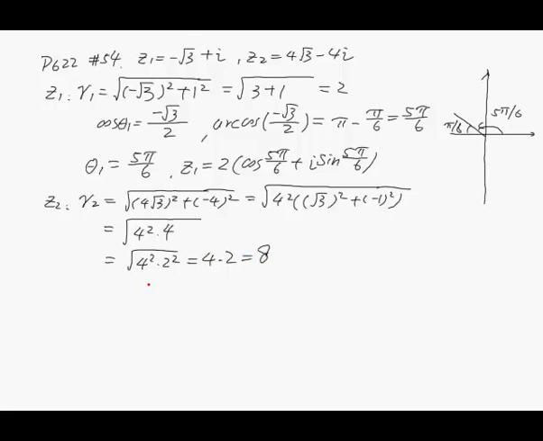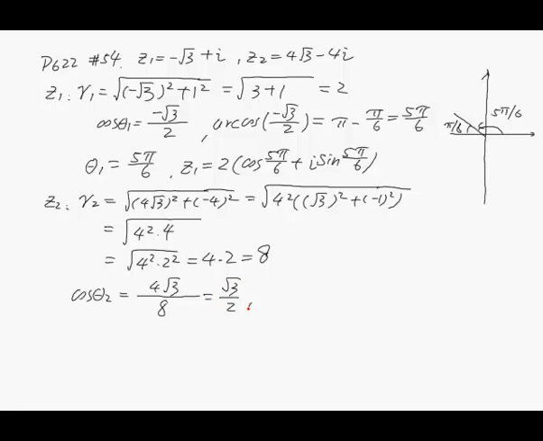So now let's get the argument of this complex number. Cosine theta 2 is equal to the real part of this complex number, 4 times root of 3 over the modulus. So it's the root of 3 over 2.